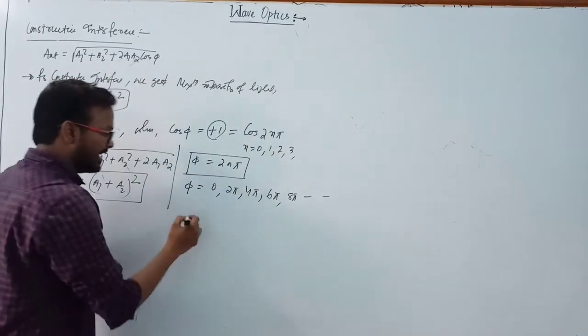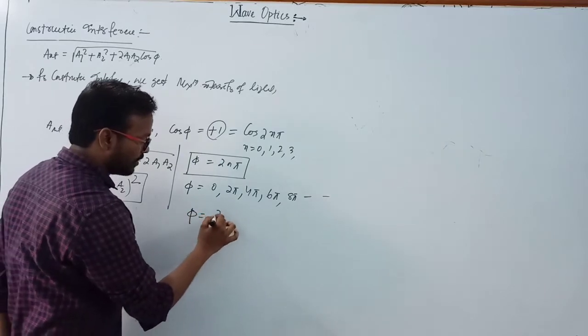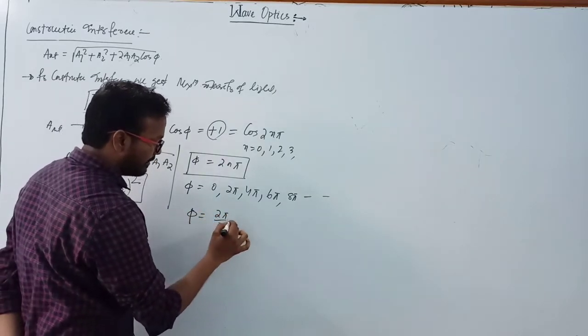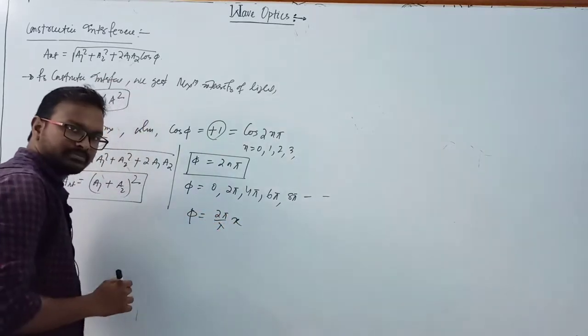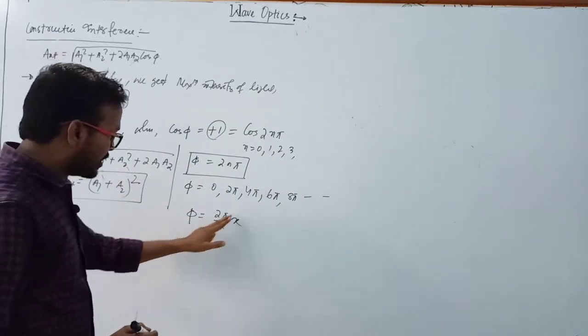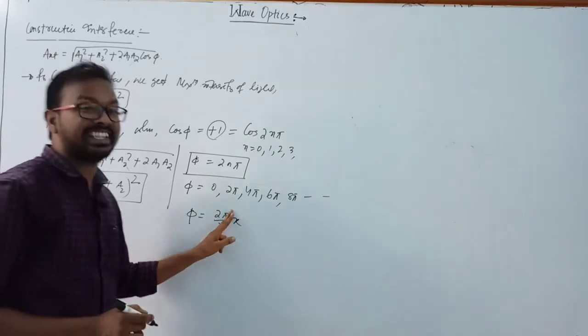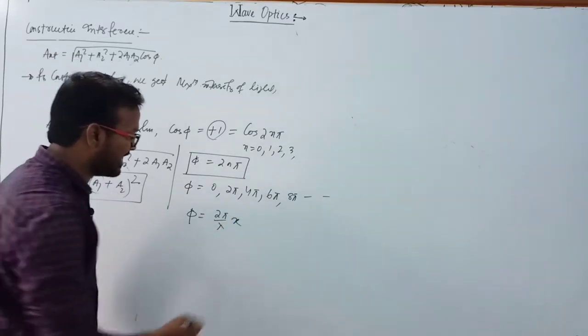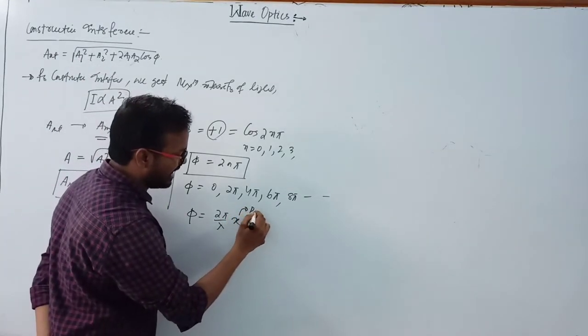Clear? And there is a relation, phi equals 2 pi by lambda into x. Here 2 pi by lambda is also known as k, the propagation constant. What is x? x is known as the path difference.